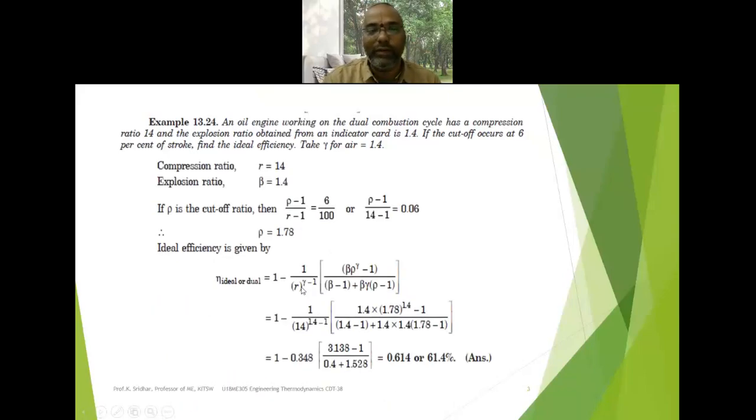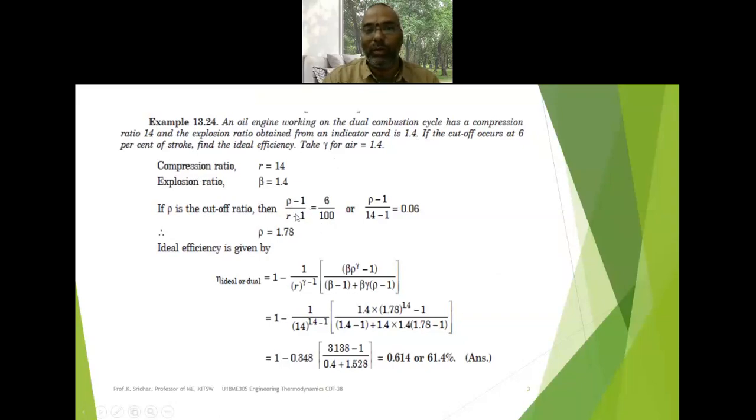So here, write down the given data first. Compression ratio r is equivalent to 14, the explosion ratio is given as beta equal to 1.4, and the cutoff is given as 6% of the stroke.